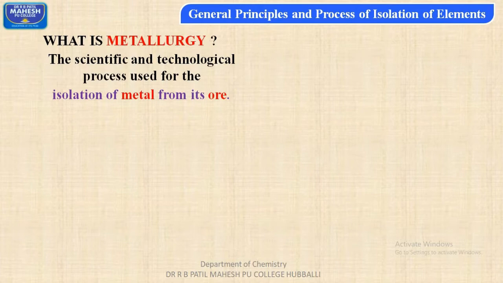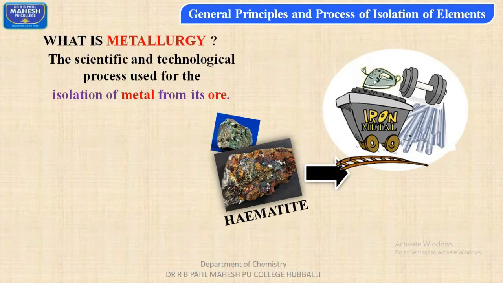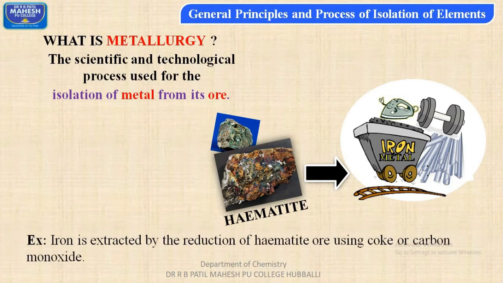It can be called metallurgy. We can consider one example, that is hematite ore. Iron is extracted by the reduction of hematite ore using coke or else by using carbon monoxide.